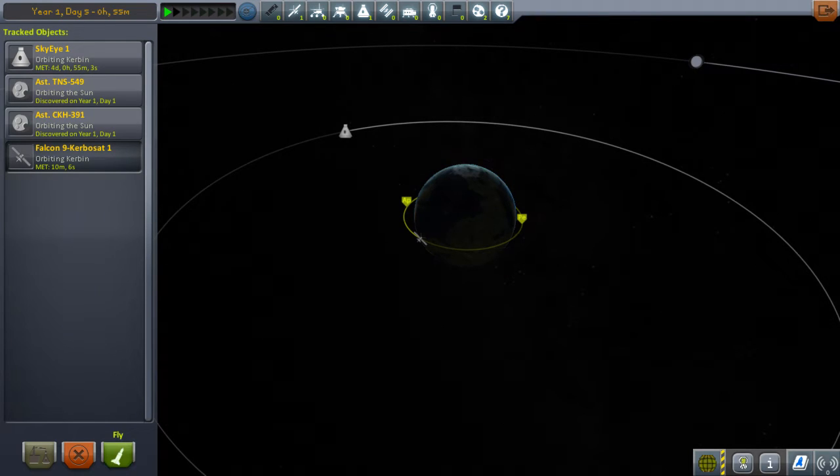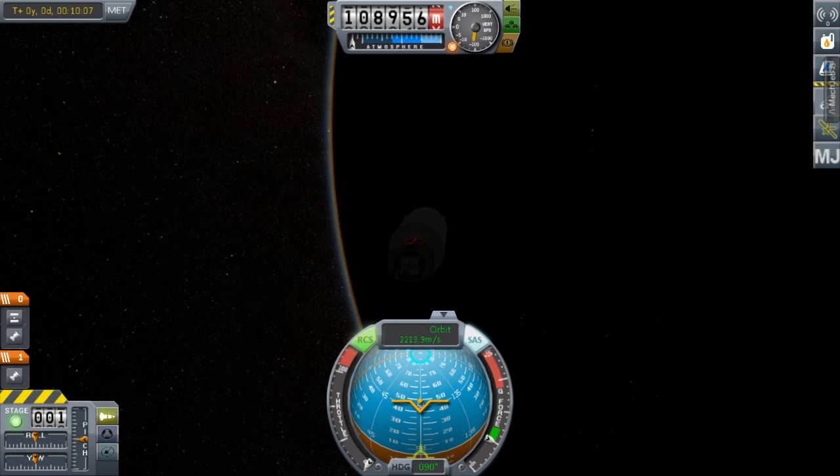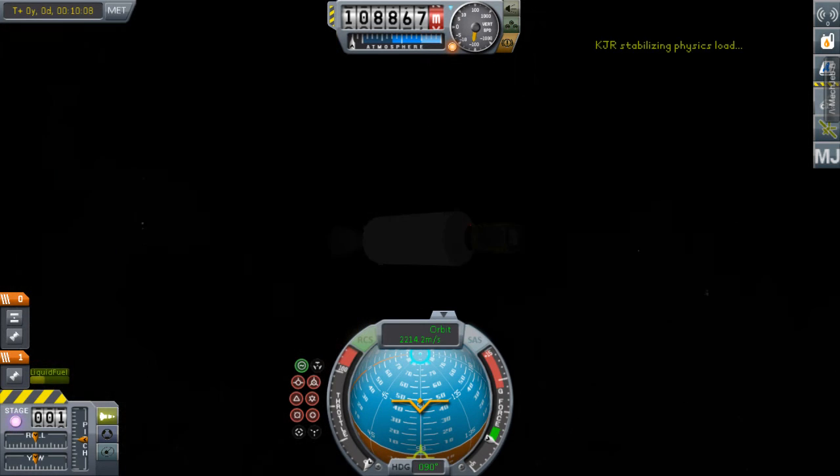First stage is continuing to coast. First stage coast is nominal. Correction, second stage coast is nominal.